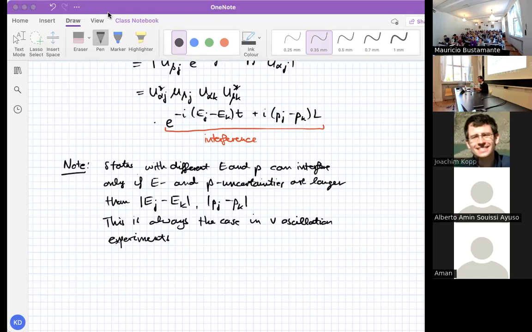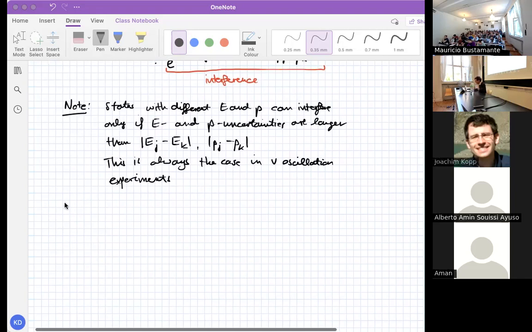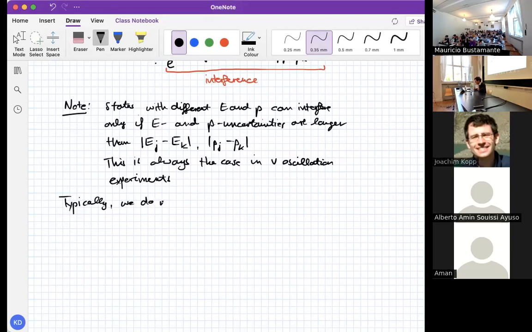And that uncertainty in time is already large enough to justify that I simply integrate over t here from minus infinity to plus infinity. So typically, we do not know the propagation time t precisely.